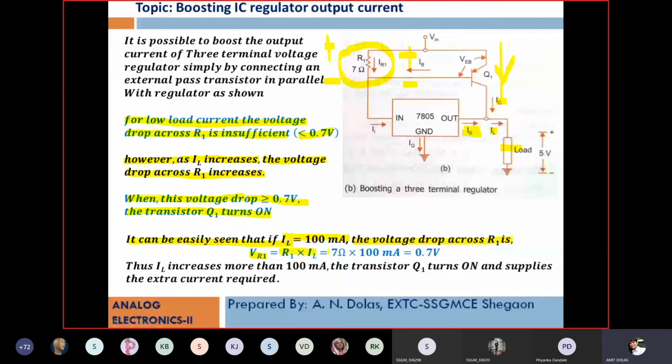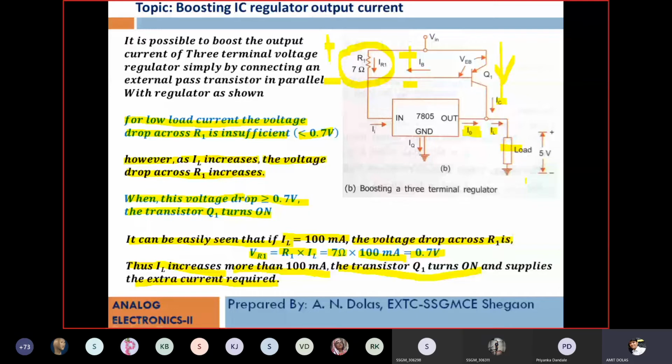Resistance is 7 ohm, current is 100 milliampere, so as we assume, it is 0.7 volt. Thus, as IL increases more than 100 milliampere, transistor Q1 turns on and supplies the additional or extra current required to the load. So this is how this 7805 can be used as a boosted current circuit using one pass transistor across it.